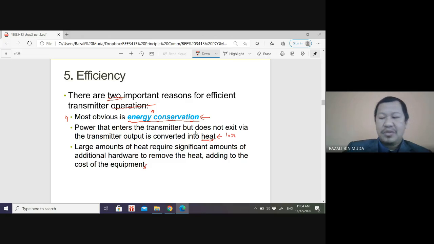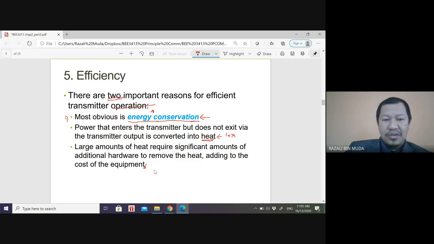So for us, in order for the system to become very efficient, the power input should be equal to power output. But in reality, some of the input power will become loss.